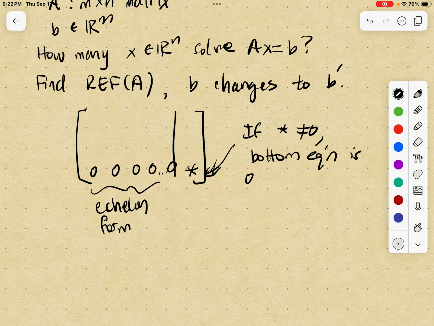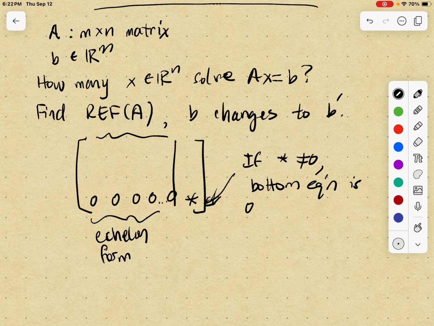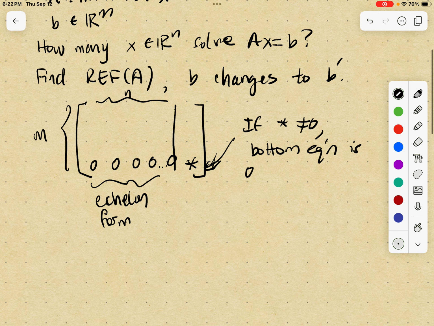is, let's say that you have, so this is m rows and n columns. Each column corresponds to variables. You have n variables and you have m equations. So then the bottom equation would be 0x1 plus 0x2 plus ... plus 0xn equals some non-zero number. Well, that has no solutions, right? There's no x1 through xn that's going to satisfy that.